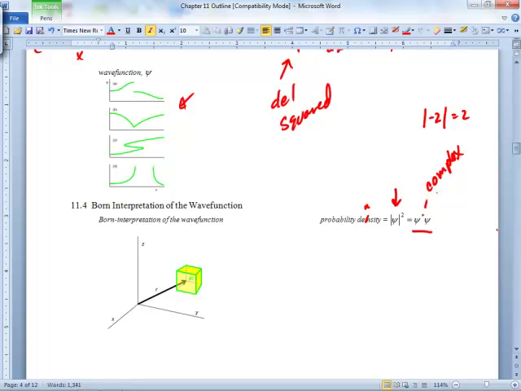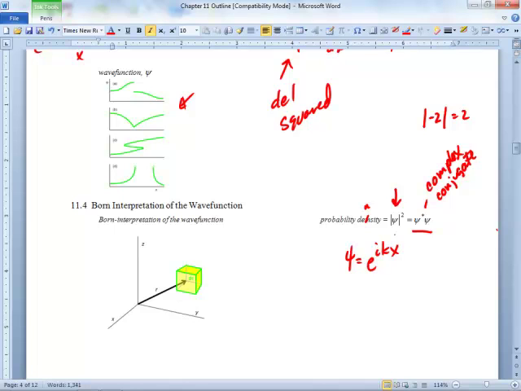Is this in the reading? Conjugate. For example, let's pretend psi is e to the i kx. What was little i from the concept preview, Alice? Square root of -1, right? It's imaginary numbers.